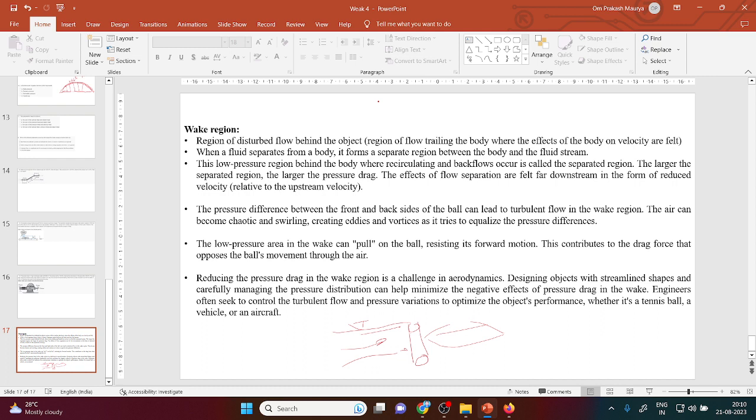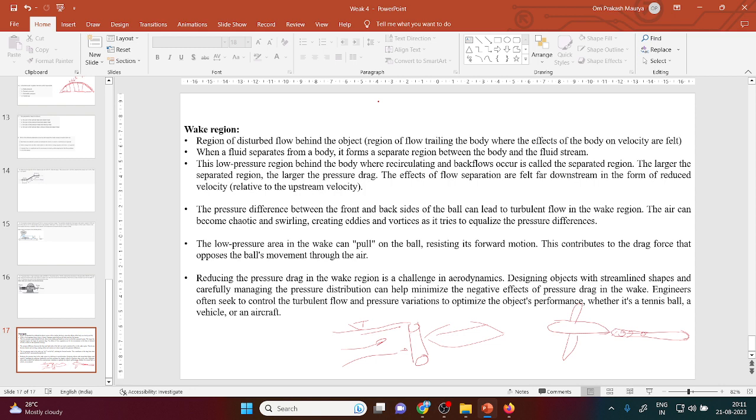Or assume an aeroplane is flying: behind the aeroplane a region is created where mixing and rotation of air is happening. This is known as the wake region. The effect of the wake region is that it reduces the velocity of the aeroplane, or of anything moving in air or water.